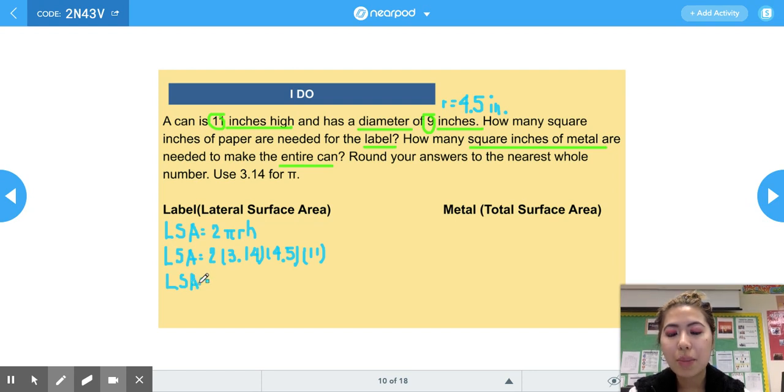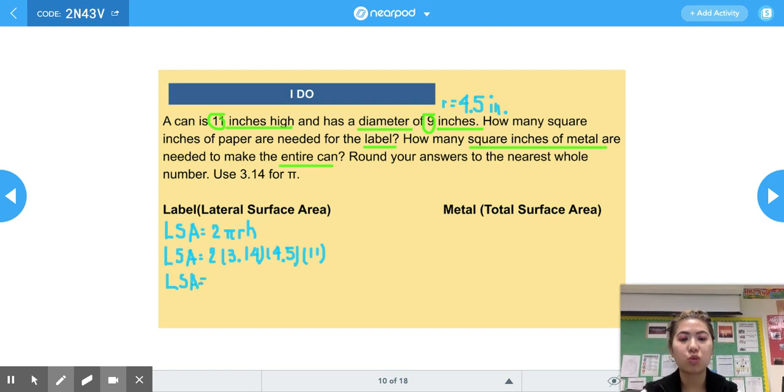So once I multiply 2 times 3.14 times 4.5 times 11, I get 310.86.